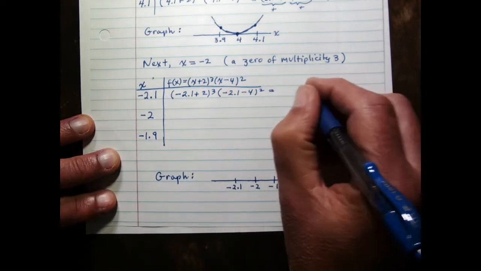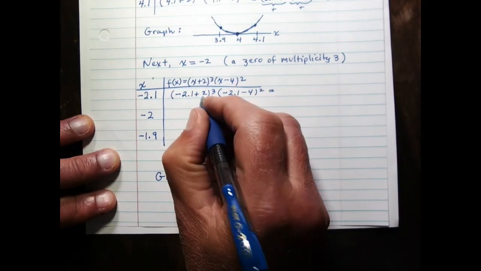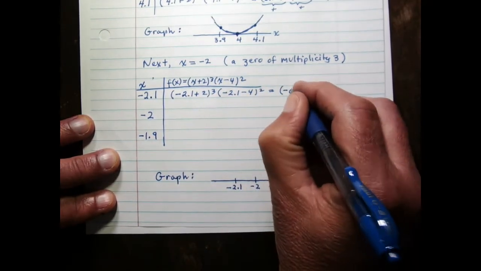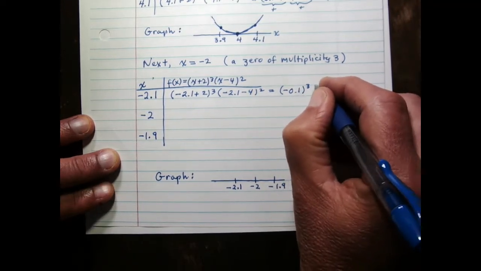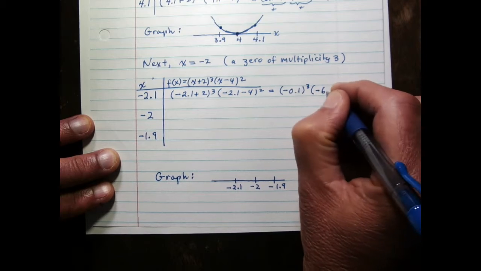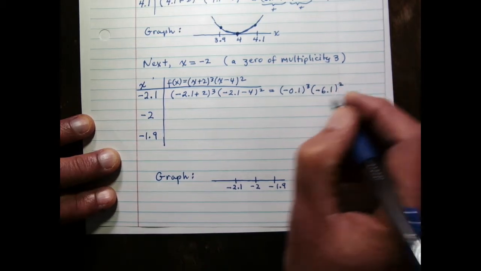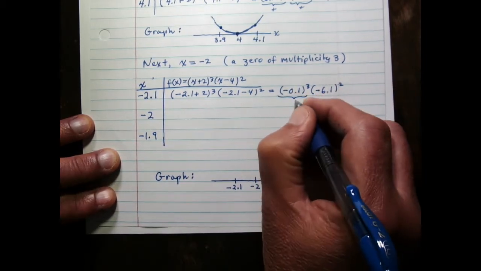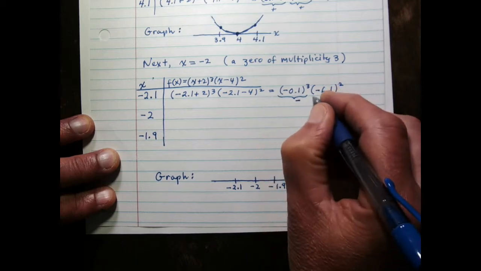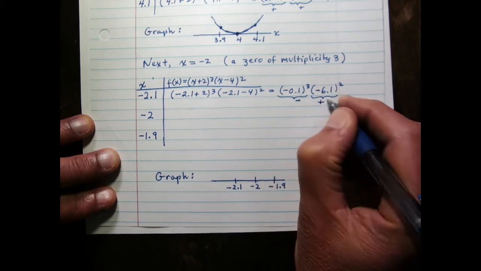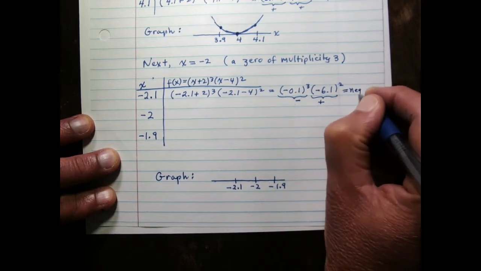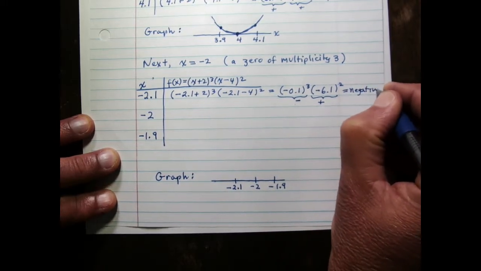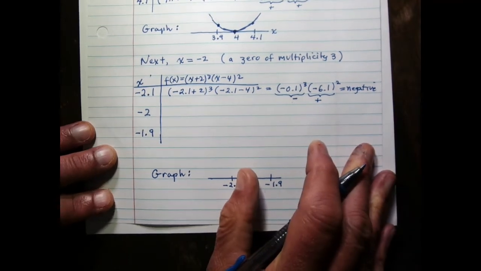This is going to be negative 2.1 plus 2 is negative 0.1 cubed times negative 6.1 squared. Now a negative number cubed is negative. A negative number squared is positive. I'm multiplying a negative times a positive. So I'm going to get a negative result, negative y value at negative 2.1.